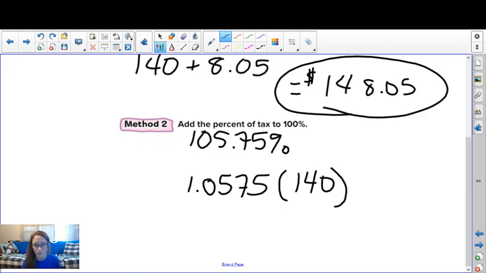I'm going to grab my handy dandy calculator because I like to prove to you not just that what I am saying is correct, but I want to show you. And apparently I look really funny looking that close to the computer screen. Oops. 1.0575 times 140. And once I enter it, we get the exact same price. The only difference there is I didn't end up doing the addition.